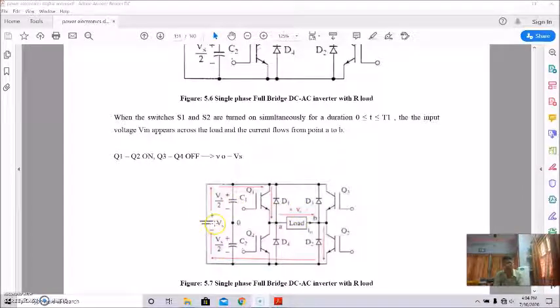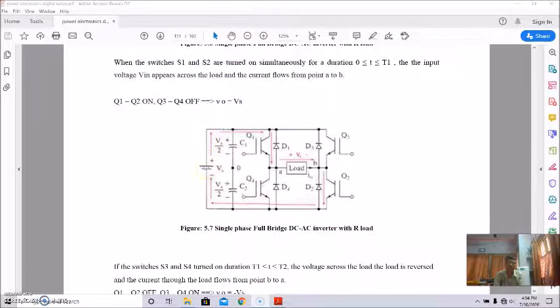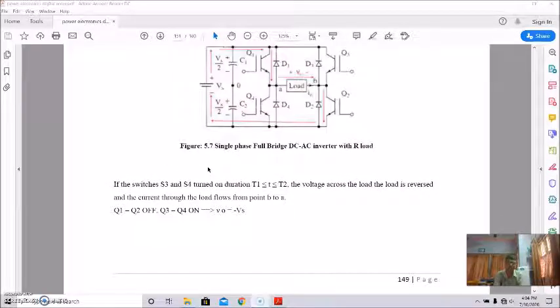And in the second case, when S3, S4 is on, during capital T1 to capital T2, S1 and S2 are off, that is Q1, Q2 are off, and Q3 and Q4 are on.